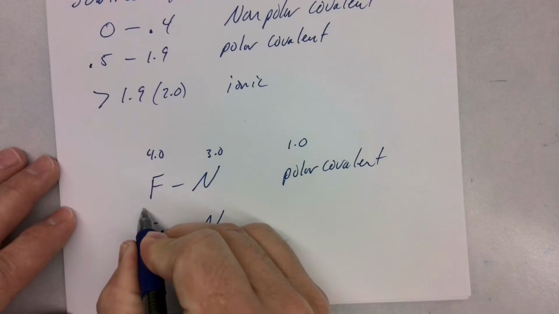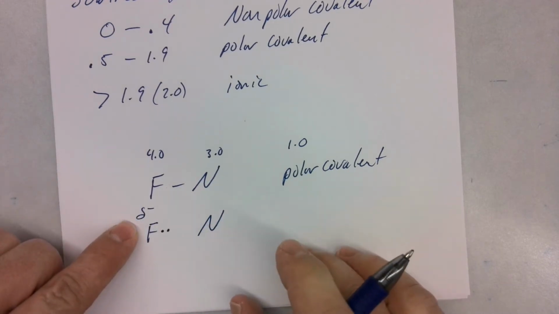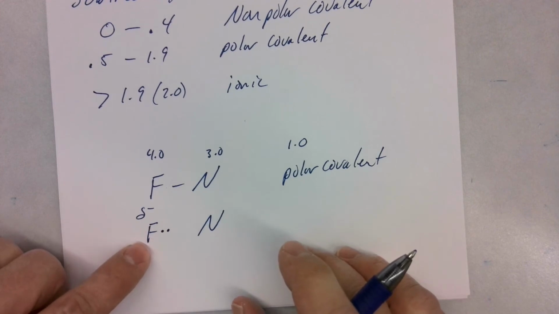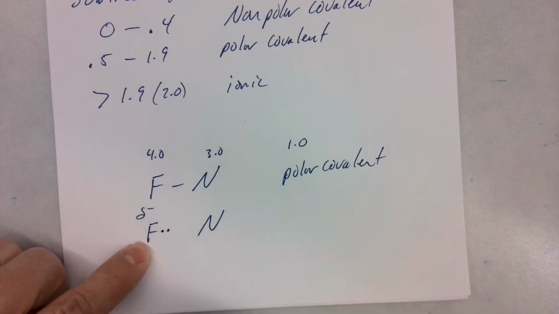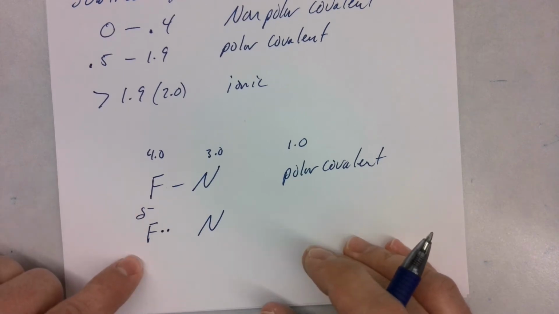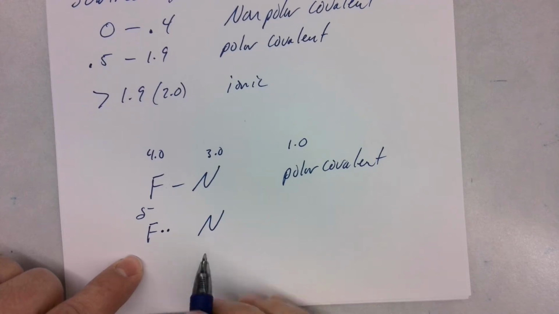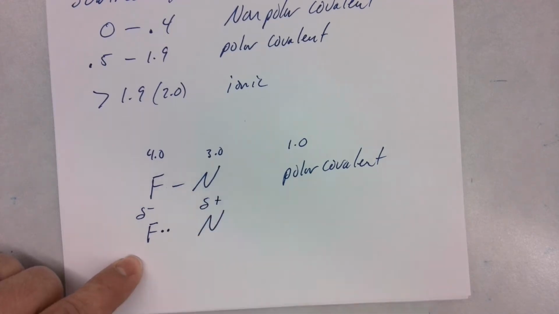One is this little symbol. This means slightly. That means that end of whatever that is, if this is part of a molecule, is going to be slightly negative. Well, by default, what does that do to this end? It makes it slightly positive.